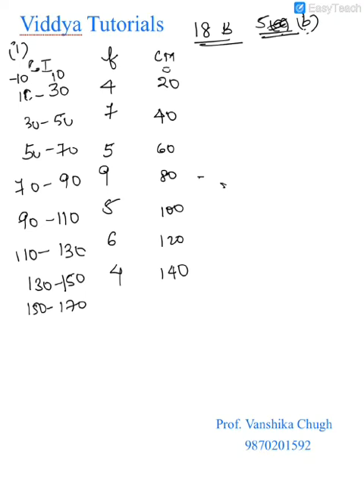So the class interval before this one will be minus 10 to 10, and the class mark will come 0. I need this, and the class mark for the last one is 160. For a frequency polygon, you have to find out one previous and one after it.